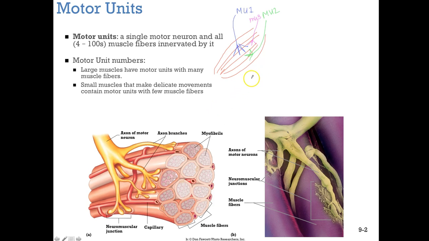So for instance, if you cut through this muscle and you were looking at each of these fascicles, okay, you would see that a nerve fiber is going to each of them. So this belongs all to motor unit number 3.